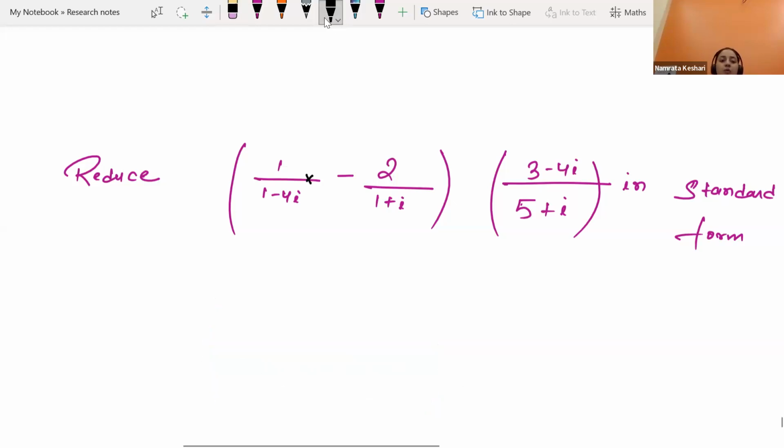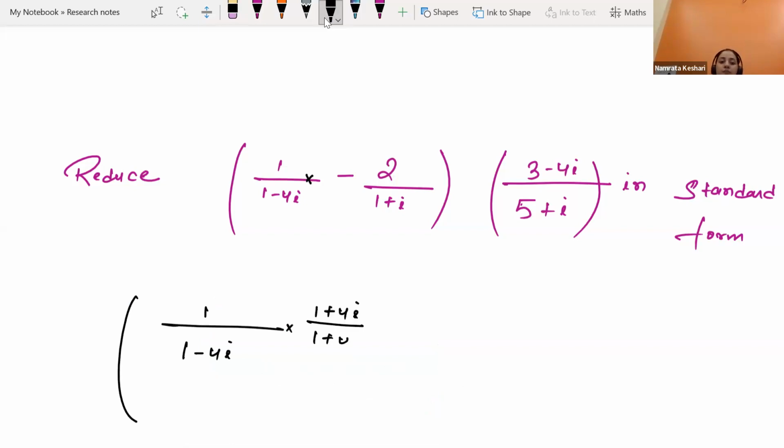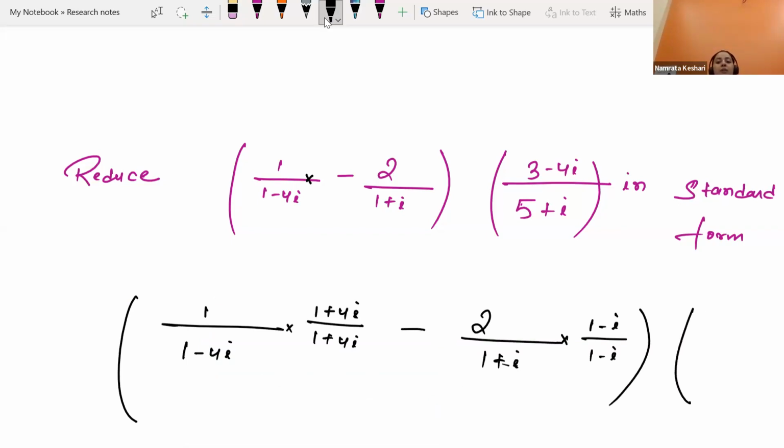So we will multiply 1 minus 4i by 1 plus 4i. Then minus 2 by 1 plus i, we will do the multiplication in this particular fraction only, 1 minus i by 1 minus i. Why are we doing so? So that we can remove i from the denominator. And the next term, for now we can keep it like this.